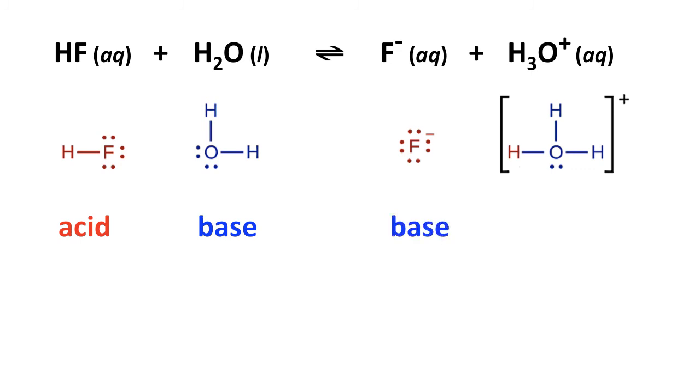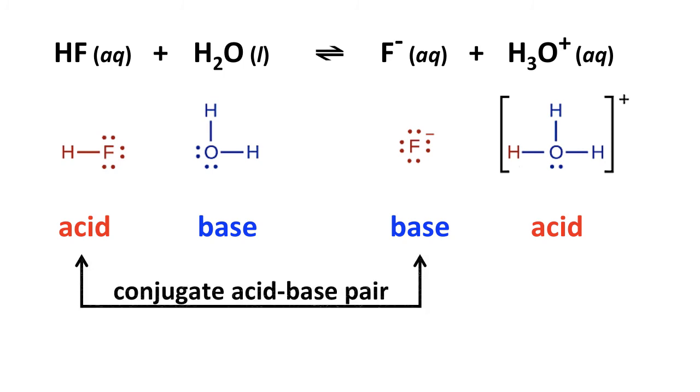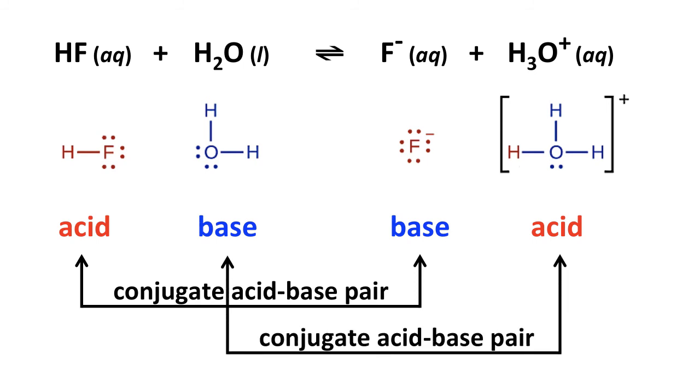F minus is the conjugate base of HF, and going from right to left, it could function as a proton acceptor. And H3O plus is an acid. It's the conjugate acid of H2O, and it can function as an acid because it can lose or donate an H plus. And so HF and F minus are one conjugate acid-base pair, and H2O and H3O plus are the other.